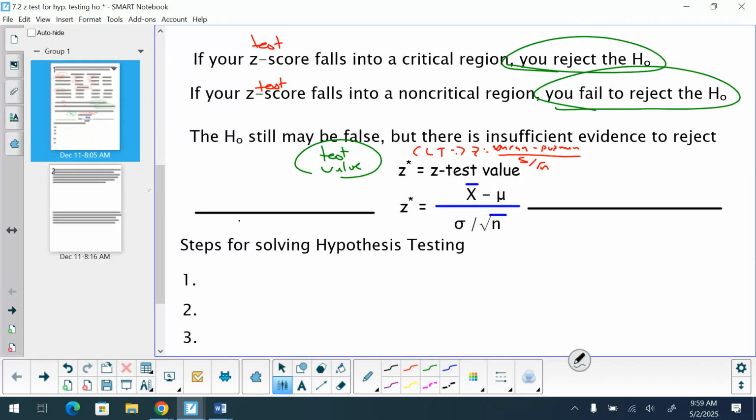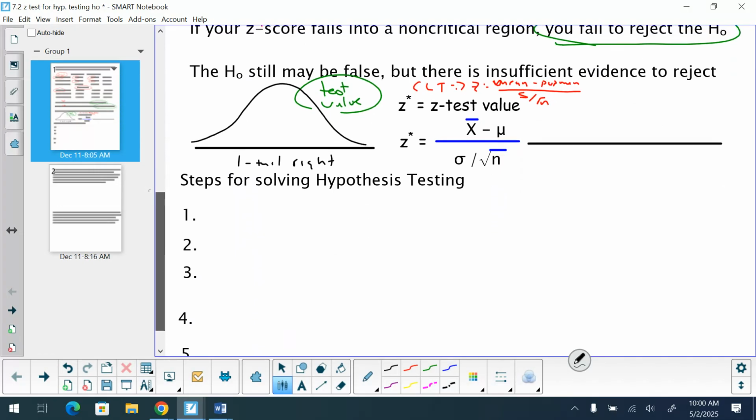So if we do a one-tail, so let's look at one-tail right. We have a bell-shaped curve we've been dealing with because we're talking about normal distribution here.